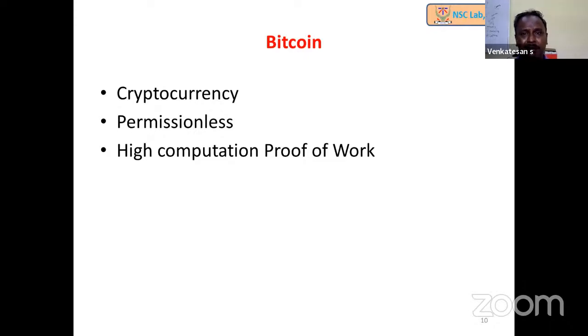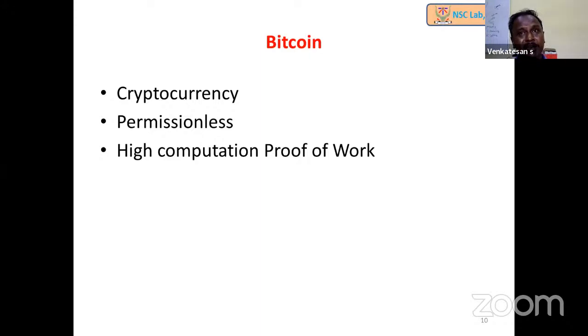So the Bitcoin is the cryptocurrency which is permissionless. It allows any users to participate in the network, and it uses the proof of work concept, which is considered as the consensus protocol. Actually, proof of work is not the consensus protocol. This protocol is to control the growth of the blockchain. So control the growth of the blocks. Otherwise, if we don't have this problem solving, then numerous blocks get created and the forks will be enormous.